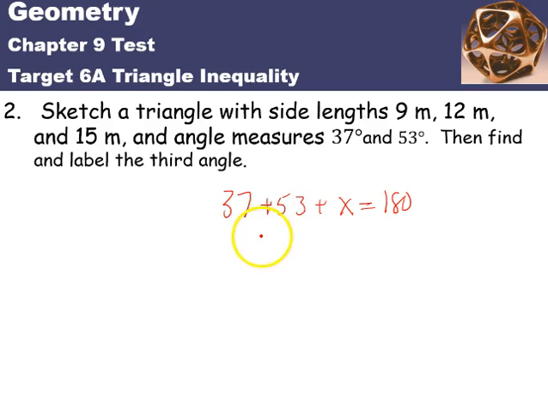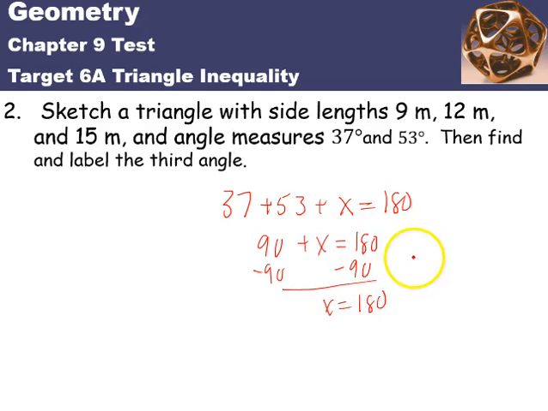When I add these, I get 90 plus x equals 180, and then I subtract 90, and x is 90. So I know that the missing angle is 90.